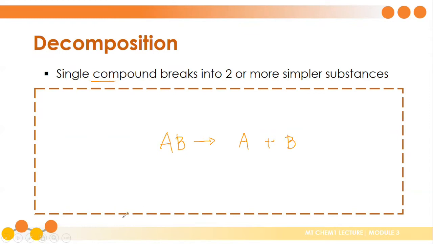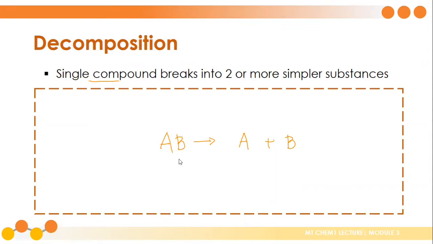So if you were to observe it and compare it with the combination reaction, combination and decomposition are opposites. If in the combination reaction you are combining them together, in this one you are breaking them apart. Okay?